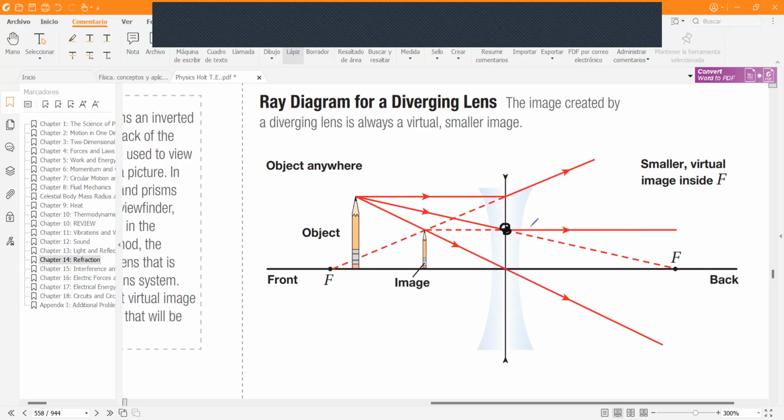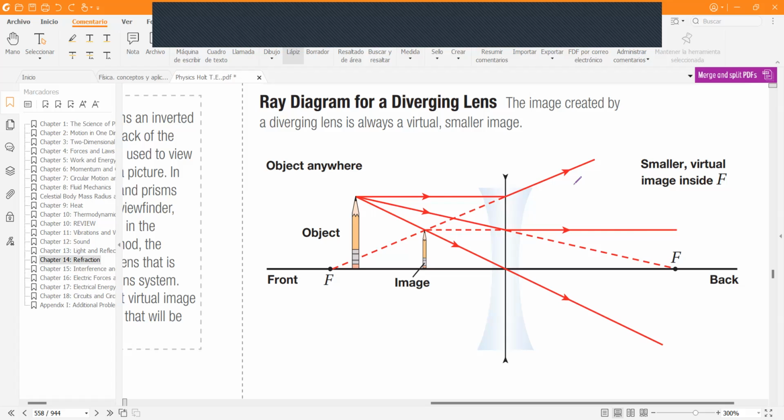But the ray is going to come out horizontally as a solid line. This is the light ray that is going to come out of this. And the third one comes from the top of the object to the center of the lens, like that. And ideally, the point where all three rays meet is where the image is going to be located. Very similar to what we have been doing with mirrors.